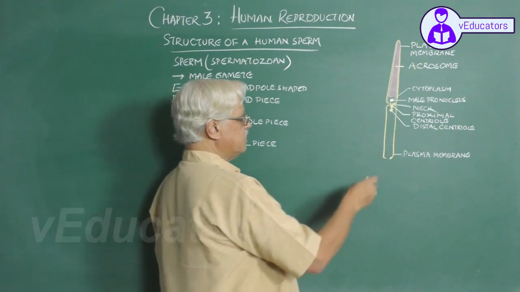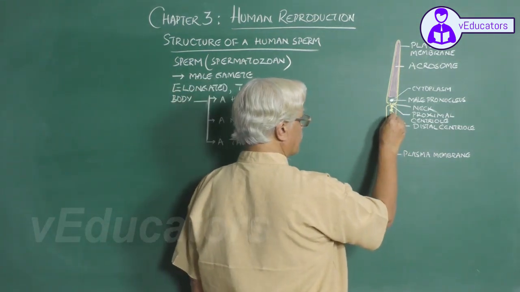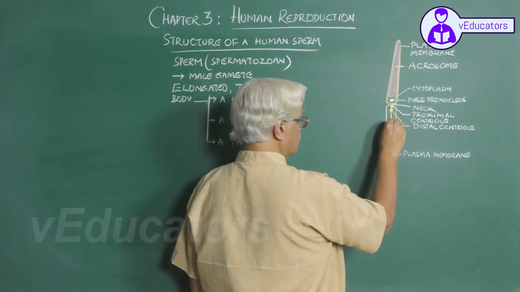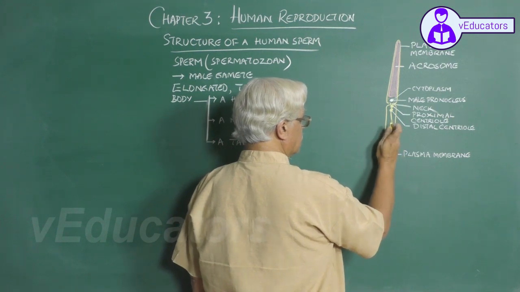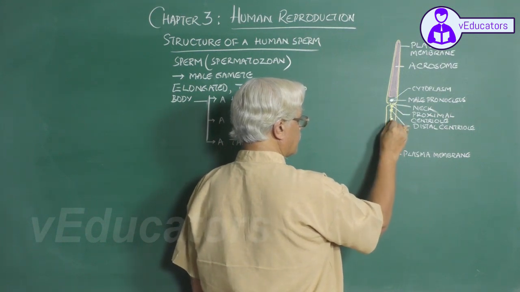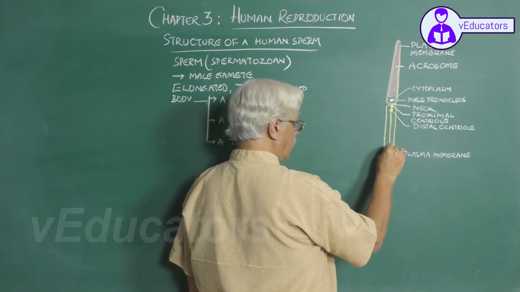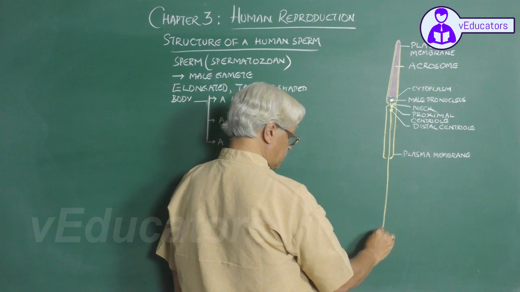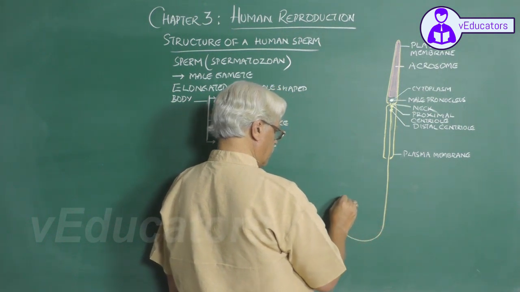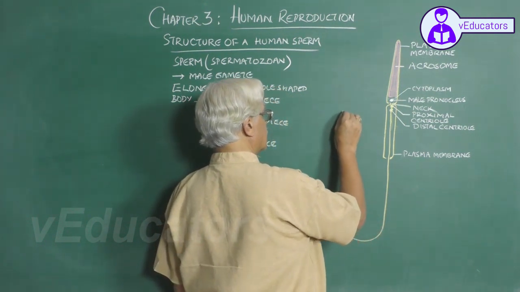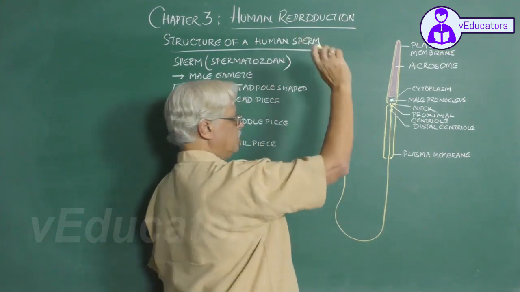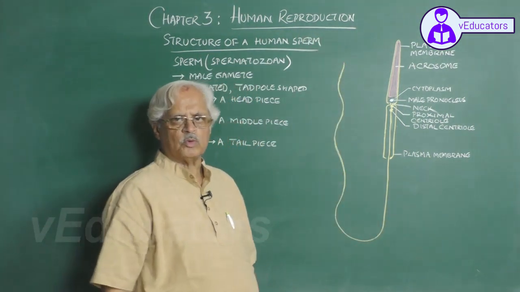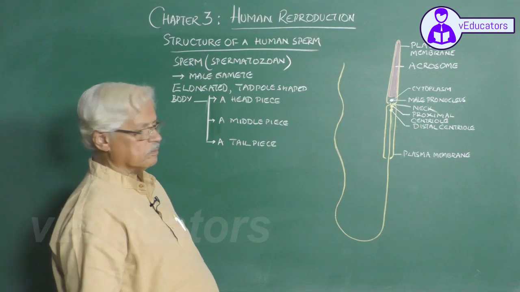From the base of the distal centriole arises a thin, long, thread-like structure which continues throughout the length of the sperm.